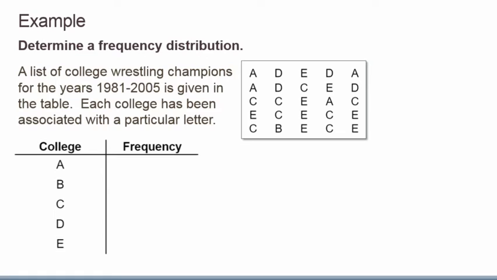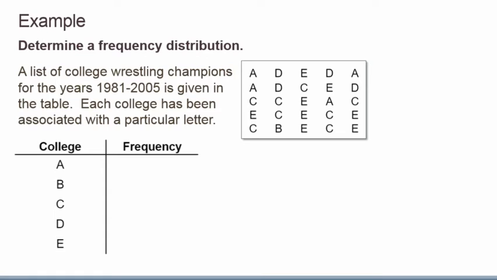Example: determine a frequency distribution. A list of college wrestling champions for the years 1981 to 2005 is given in the table. Each college has been associated with a particular letter. We have college A, B, C, D, and E, and then we want to find the frequency of each college.